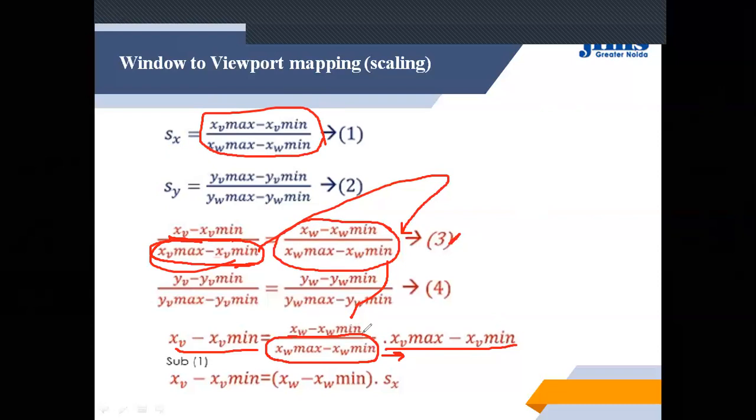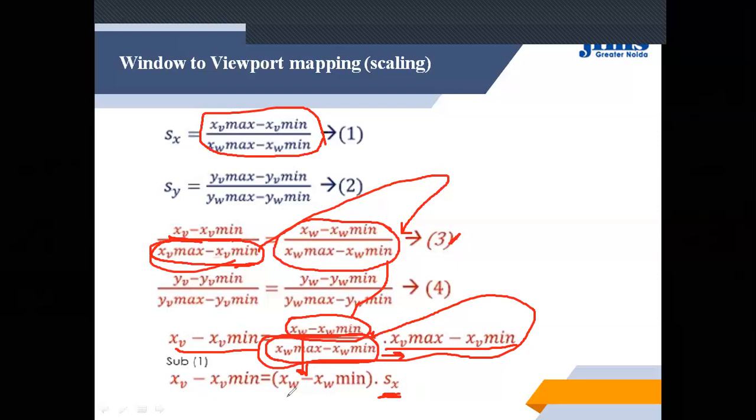So this complete will be equal to sx. So I wrote this, xw minus xw min, same over here, and I am multiplying with the scaling factor in x direction. So this is xv minus xv min.